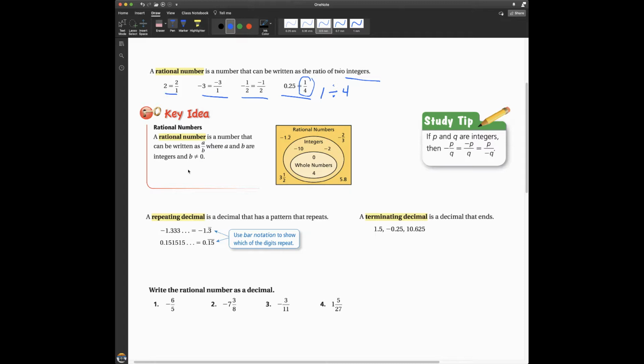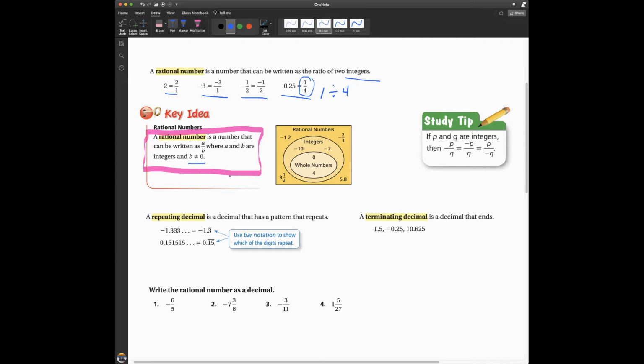Okay, so here's another definition for rational numbers. This is kind of an algebraic definition here. It basically says a rational number is a number that can be written as A over B, or A divided by B, and A and B are integers, and we don't want B to be 0.